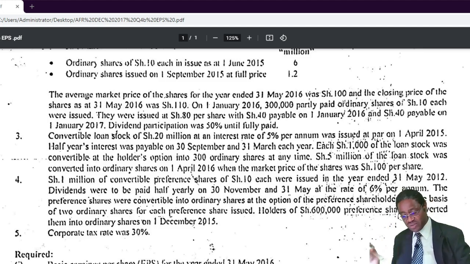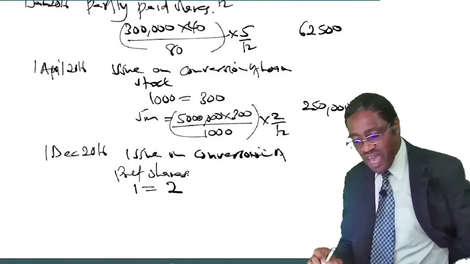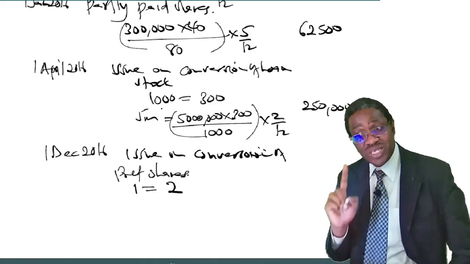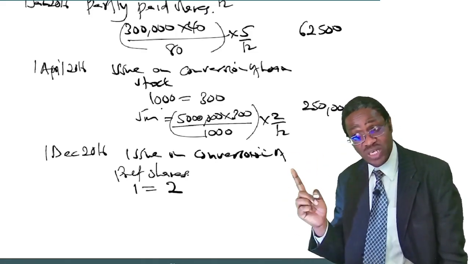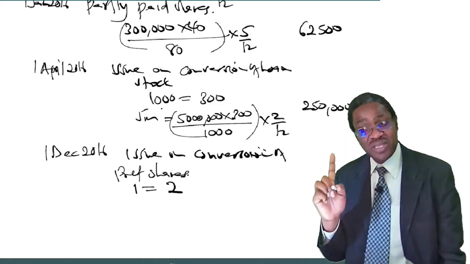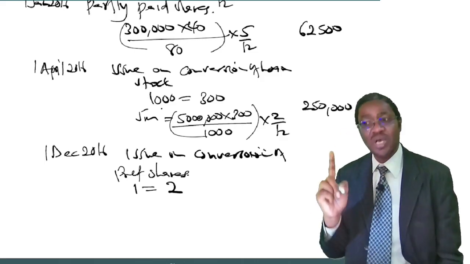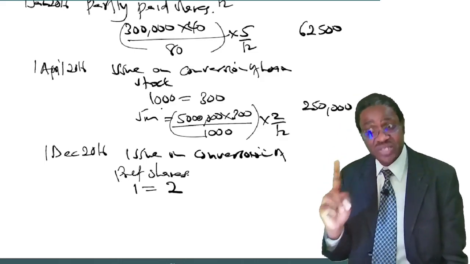So that time, the basis of conversion was in shillings: for every 1,000 shillings, you get 300.